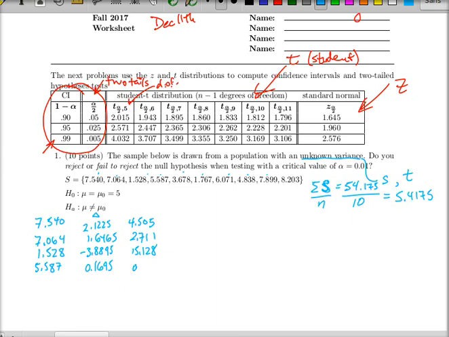Square that, I've got 0.0287. Go ahead and add that to the memory. 3.678 minus 5.4175 equals minus 1.7395. Square that. 3.026. Add that to the memory.